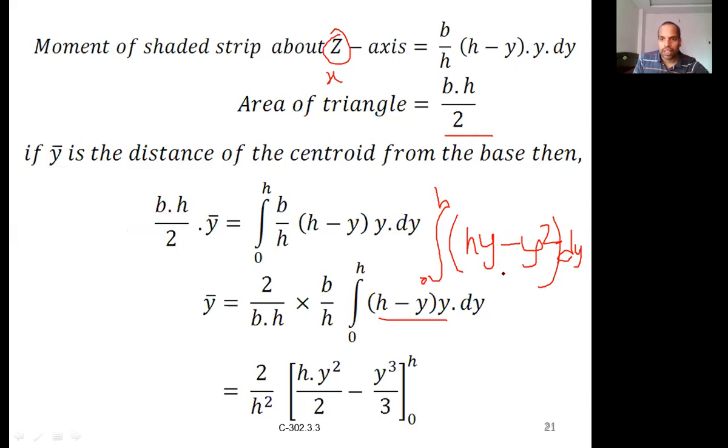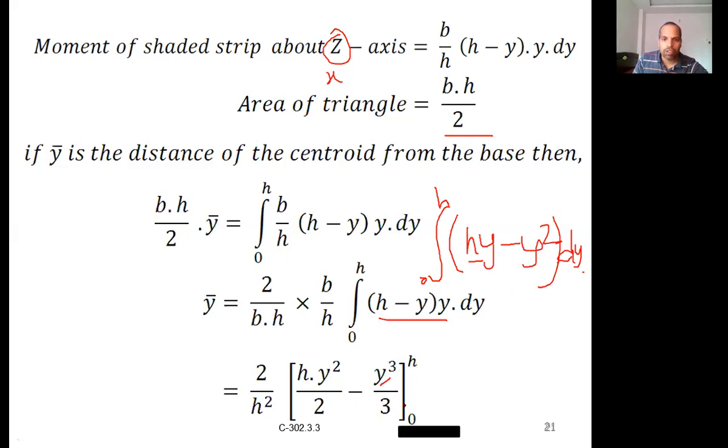Now integrate it. h is again a constant; only y is a variable because we are integrating with respect to y. So h into y square by 2, minus y cube by 3, with limits 0 to h. Wherever y is there, you substitute h.